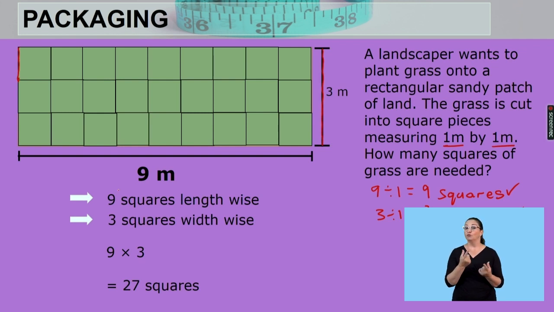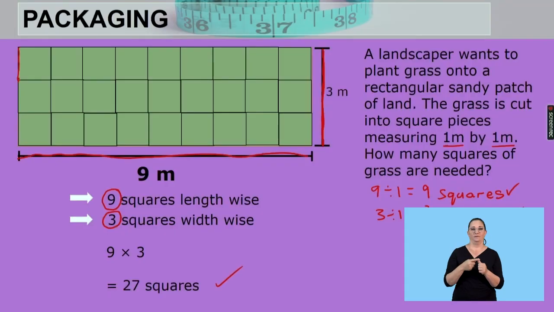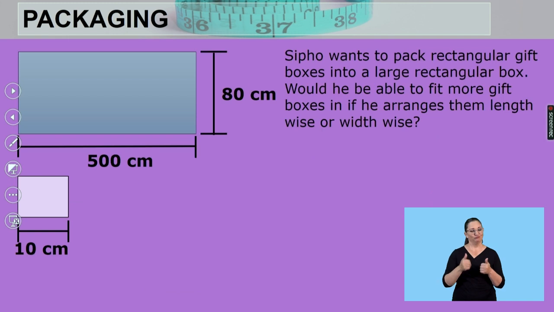We took the amount of squares lengthwise, we took the amount of squares widthwise, across the width this way. And if we multiply the two, we get all of those squares that covered up the whole sandy area. Very nice work. 27 squares in total. All right, so making good progress.